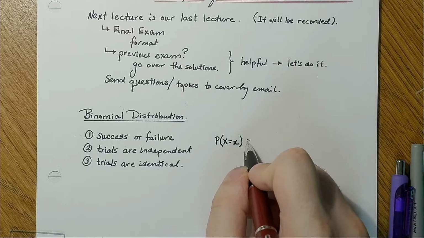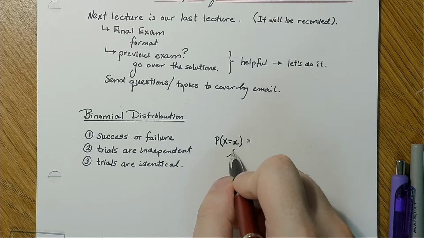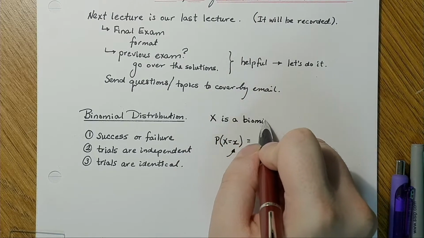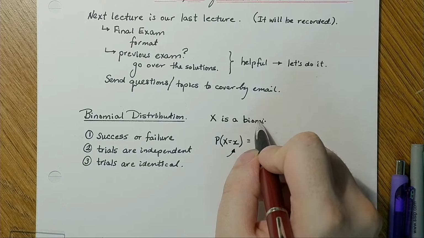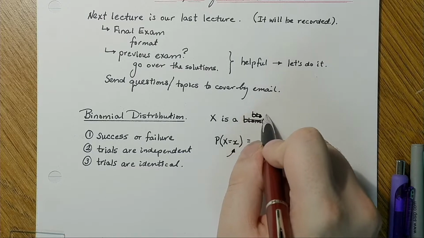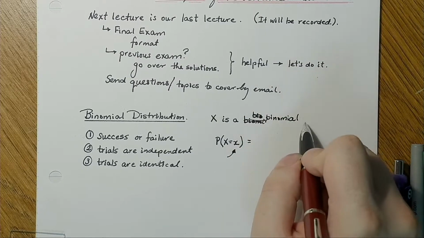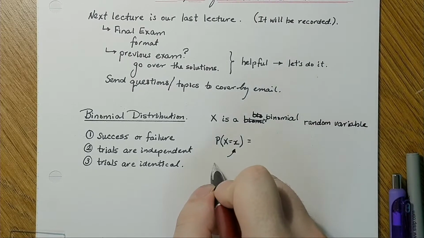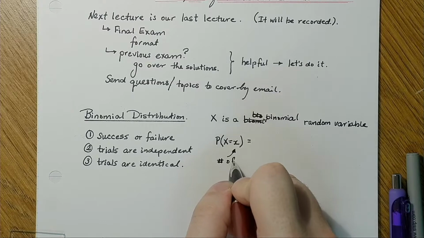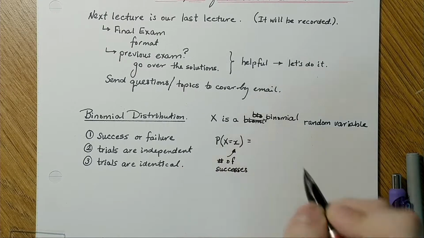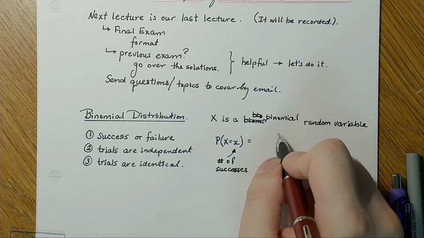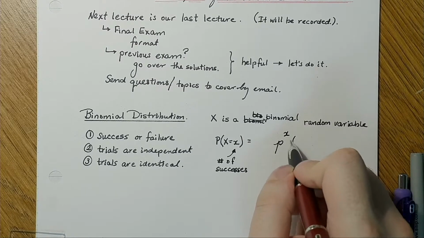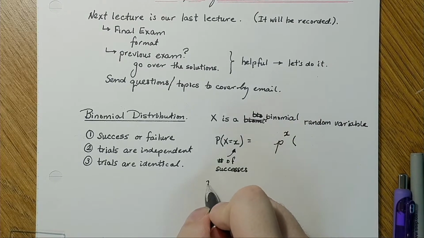So if x is a binomial random variable, and little x is the number of successes, well, over here we have the probability of success, which was p, and that happens x times, where n is the number of trials.